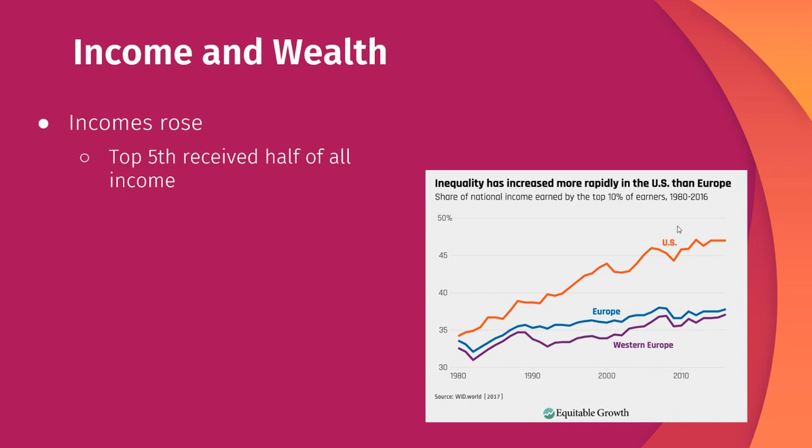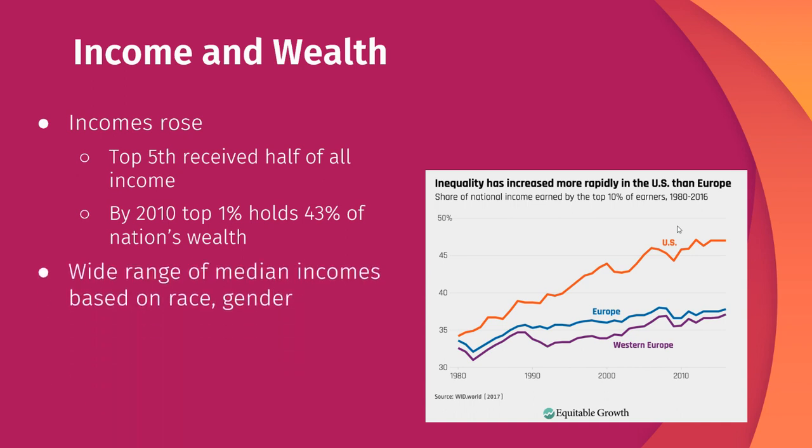Starting in the 1980s with the Reagan administration, economic inequality begins to rise in the United States, and it continues to rise throughout the Clinton years and into the 2000s and 2010s. So by 2010, the top 1% in the United States holds roughly 40%. The statistic here is 43% of the nation's wealth.